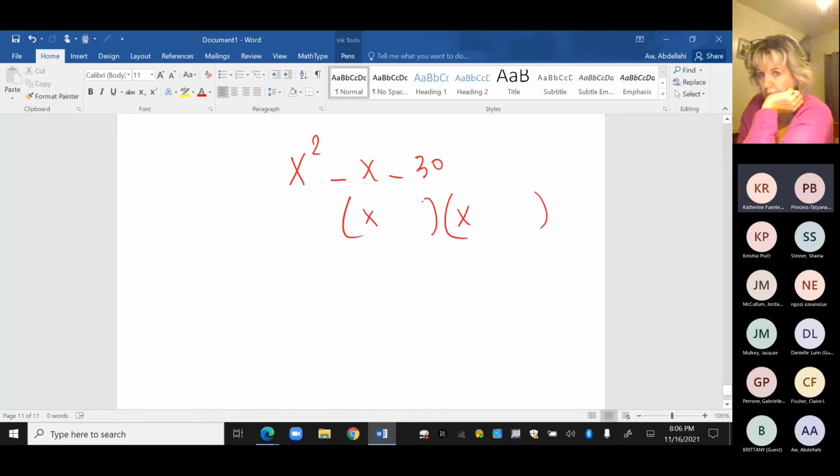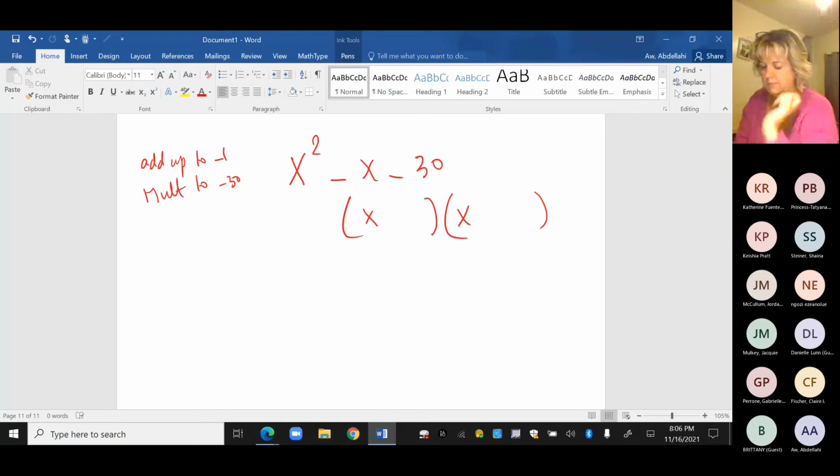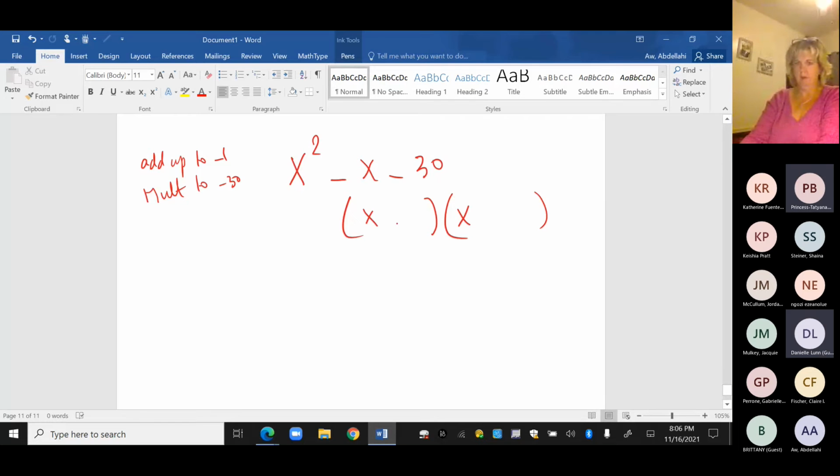When you factor this, you will be looking for 2 numbers. They must add up to what? Negative 1, and multiply to negative 30. What are they? 6 and 5. Who is negative, who is positive? Plus 5 and minus 6.